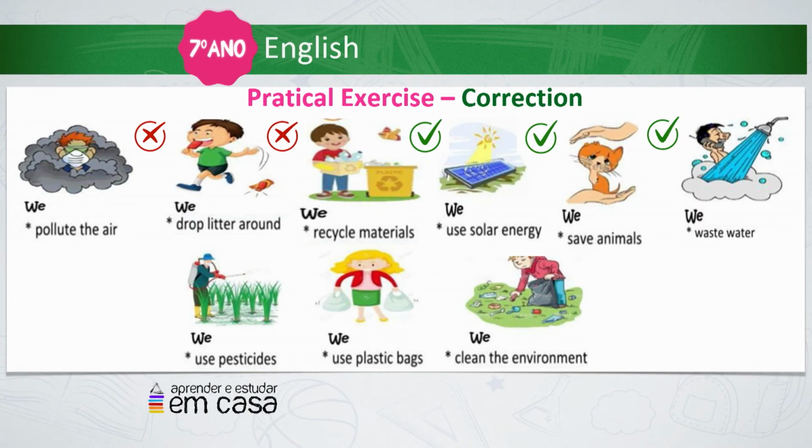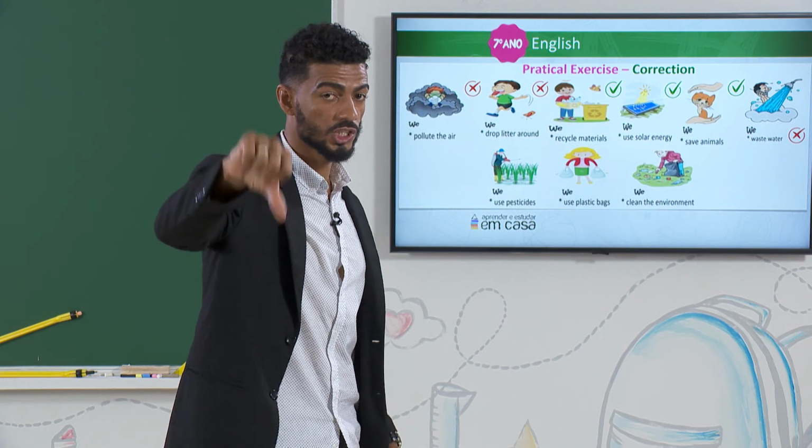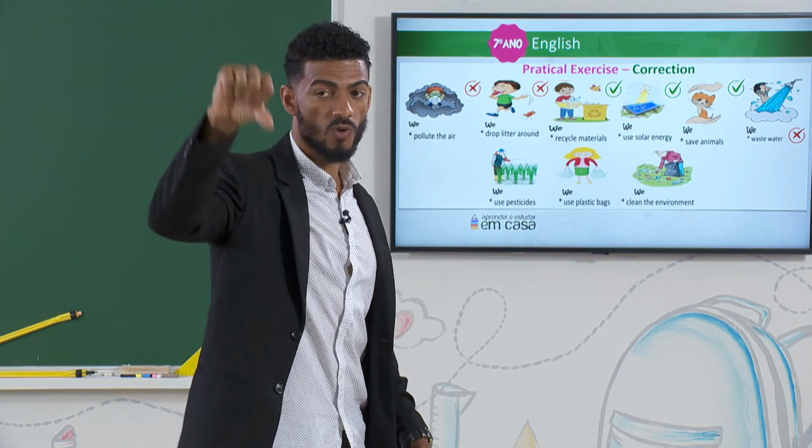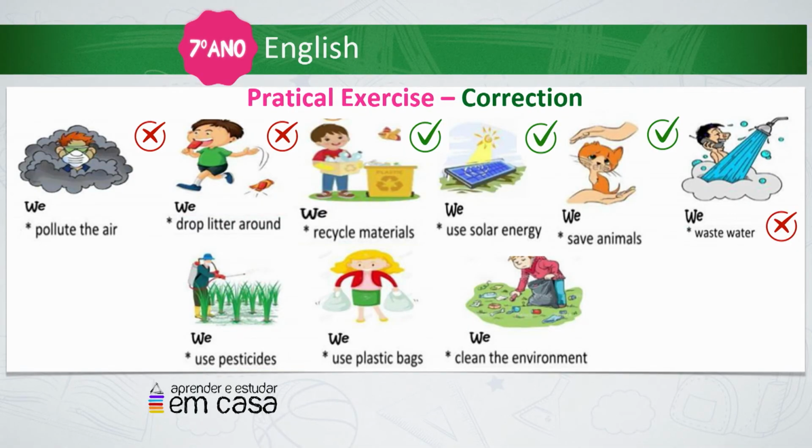Waste water. Is it a good action or bad action? Cool. It's a bad action. We should not waste water. Let's see, use pesticides. Is it a good or bad action? Cool. It's a bad action. Use plastic bags.